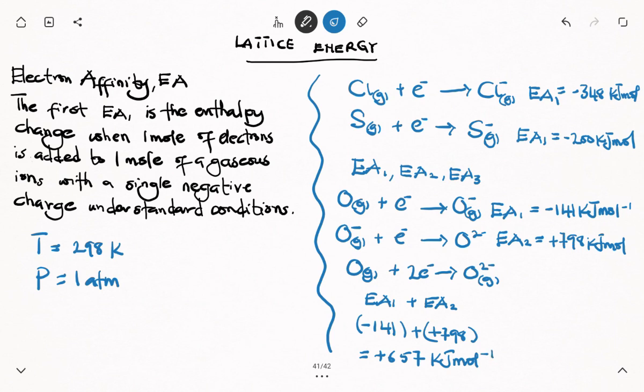So to add 2 electrons to a gaseous oxygen atom, you need 657 kilojoules per mole.